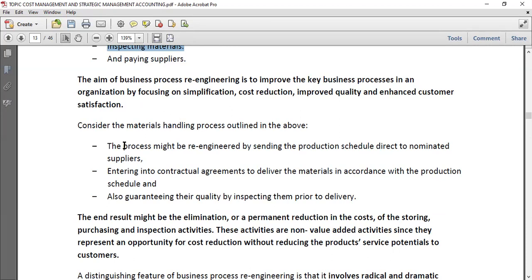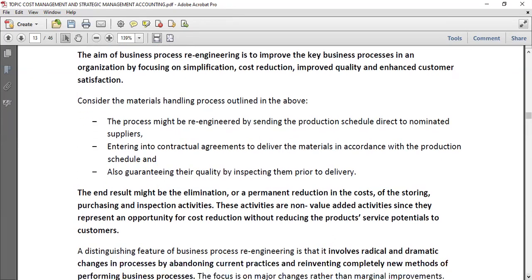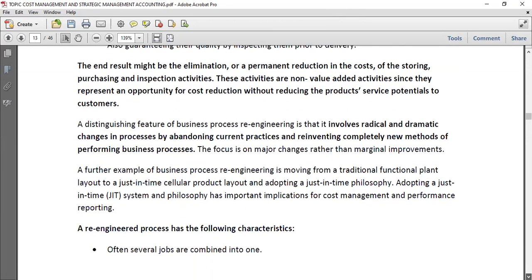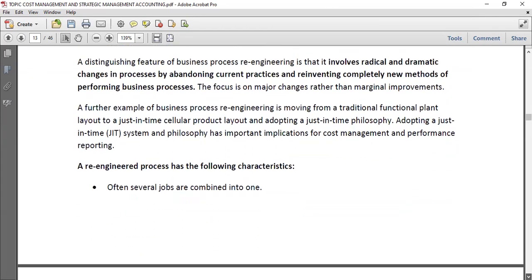This may also come with us entering into contractual agreements with some of them to make sure that they're delivering materials in accordance with our production schedule, but these should also be of quality, okay? So that is an example of how a business process re-engineering can actually happen, okay?